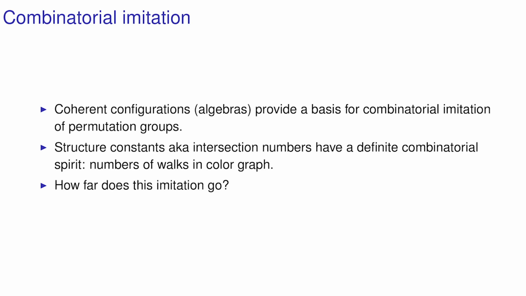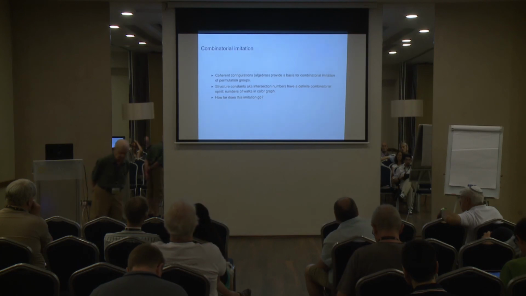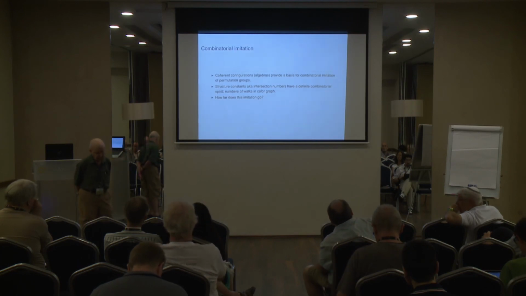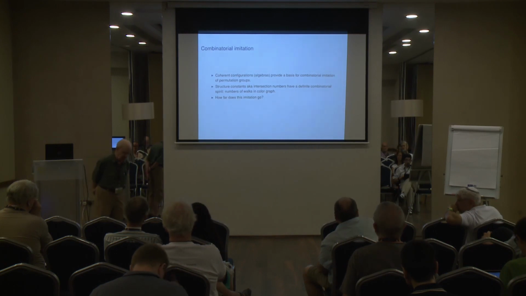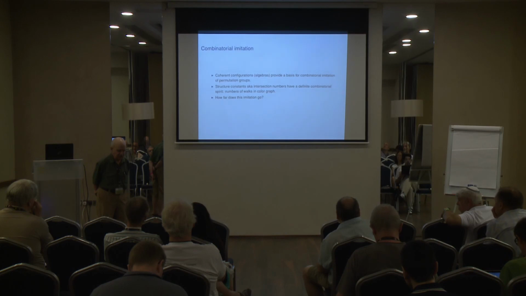So, coherent configurations and coherent algebras: if we are using the language of matrices, then we speak about coherent algebras. If we speak about relations, then we speak about coherent configurations. As I said, they appear as a combinatorial imitation of permutation groups. And in an algebra there are definitely structure constants, because if we have a standard basis and we multiply 2 elements of the basis, then the product of 2 elements of the basis is a linear combination of elements of the basis, and then we very naturally reach structure constants.